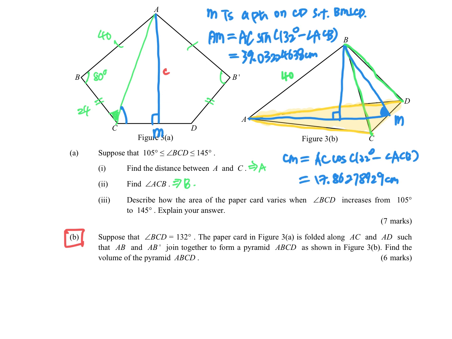So 24 squared equals BM squared plus CM squared. So BM is 24 squared minus the answer we obtained just now, and take the square root.